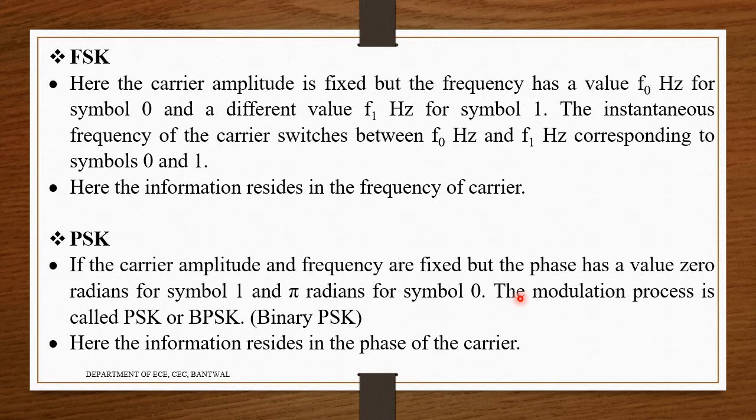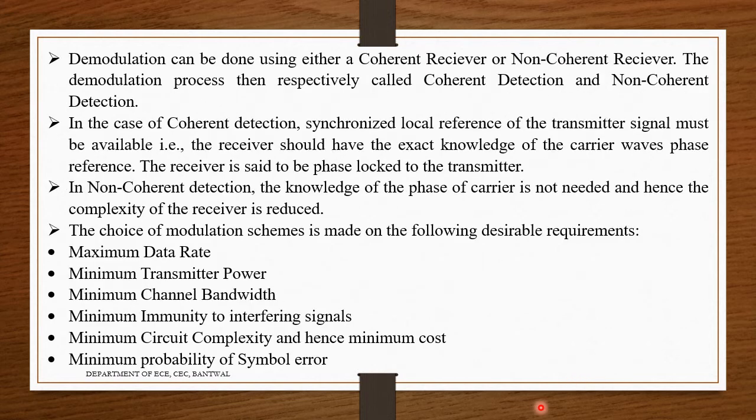If it is symbol 0, it is represented by pi. That is, if there is a 180-degree shift between the two bits of the transmission, we represent it as symbol 0. Here we represent in terms of the phase of the carrier. So ASK, FSK, PSK, we'll see the waveforms there and analyze those things. Next.